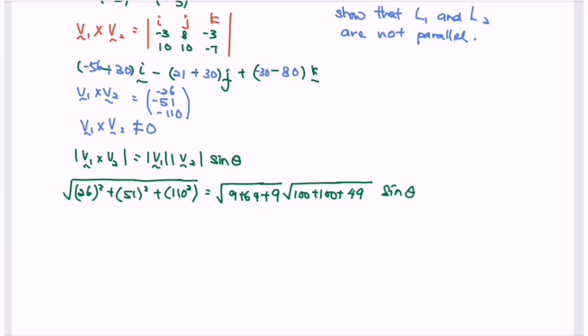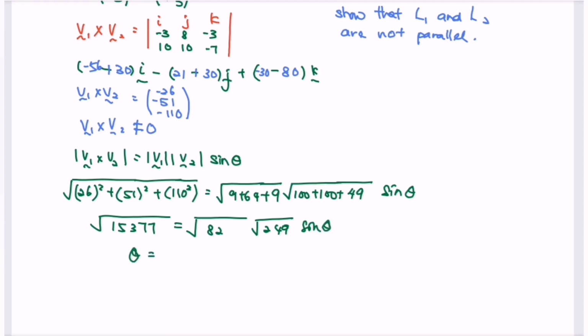Then we have sine theta. Can I simplify? For the left hand side, we have square root of 15377, equals square root of 82 multiplied by square root of 249 and then sine theta. Continue.